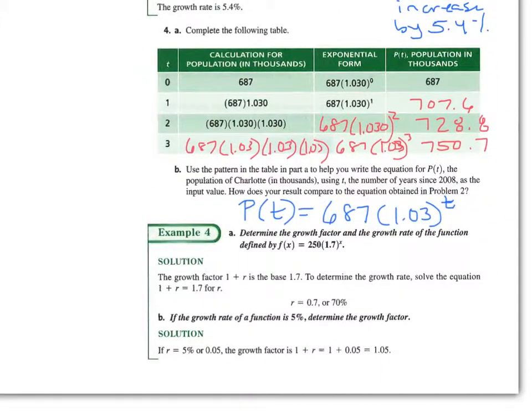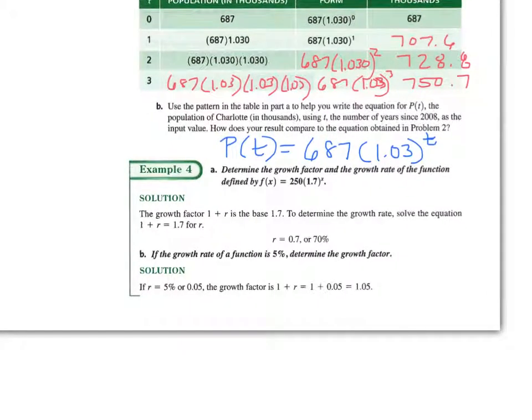Okay, so here we have example 4. Determine the growth factor and the growth rate of the function if we've got that exponential function right there. I'm just going to identify everything. Here's our A, that would be the initial, and here's our B. We know each time in this problem we're multiplying by, I'll call this GF, growth factor, 1.7, because that's what we're multiplying by every time.